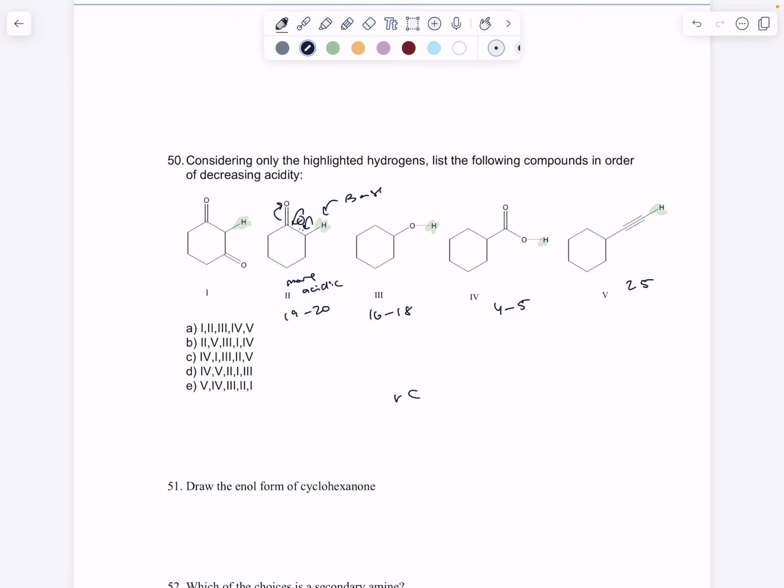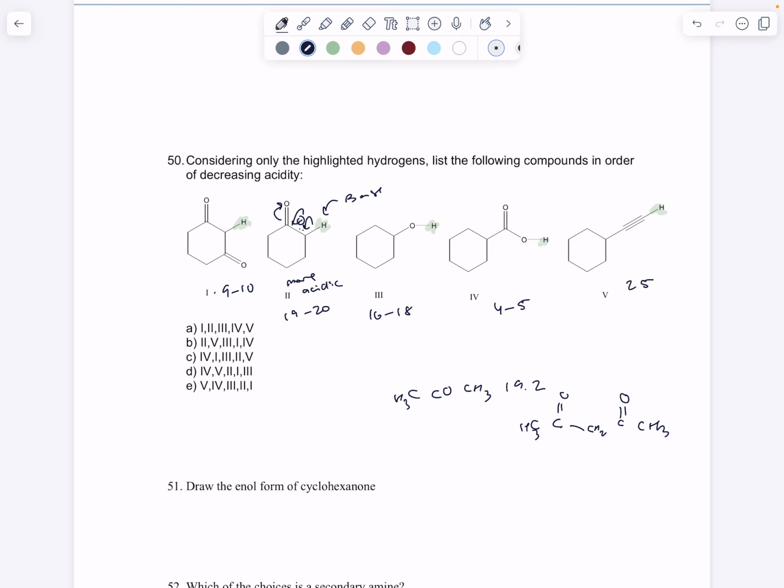It says CH3, CO, CH3, and it's 19.2. Okay, so there you go. Now, it doesn't have, oh, it does have. It even has a CH3, CO, CH2, CO, CH3. And it has that one around 9 to 10.